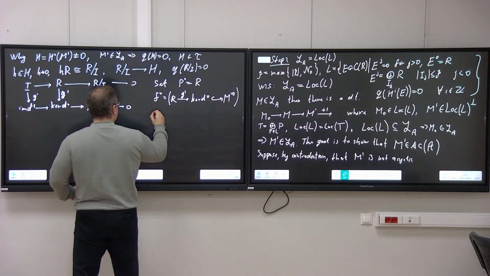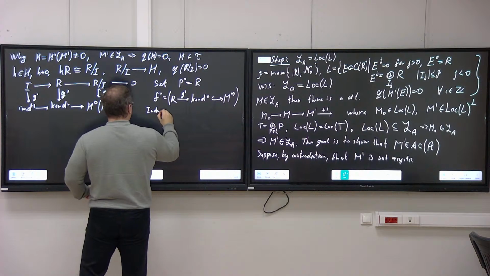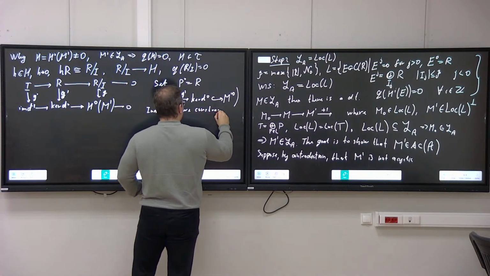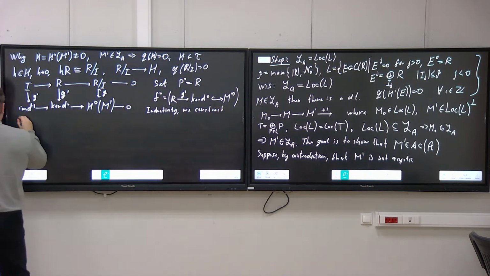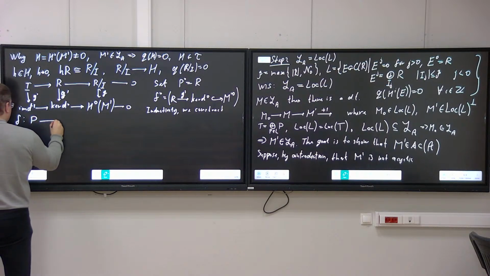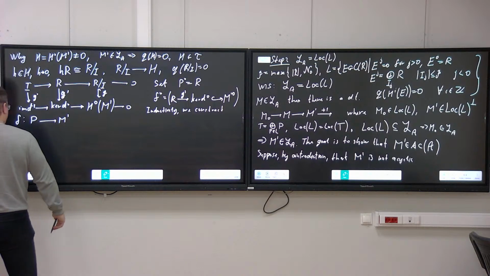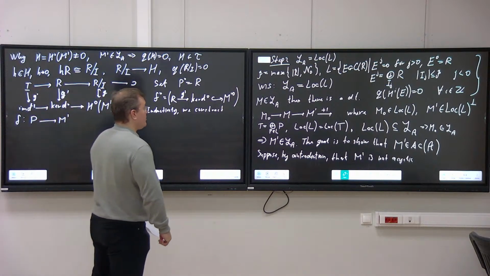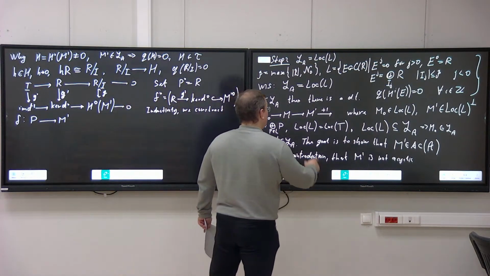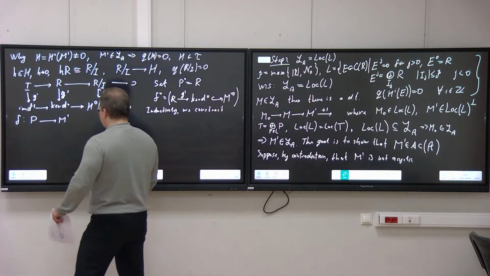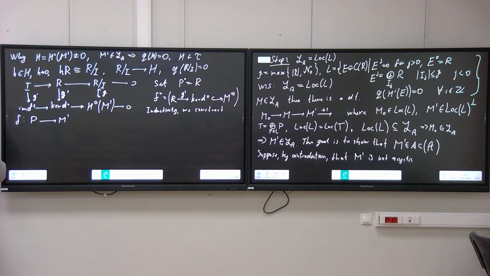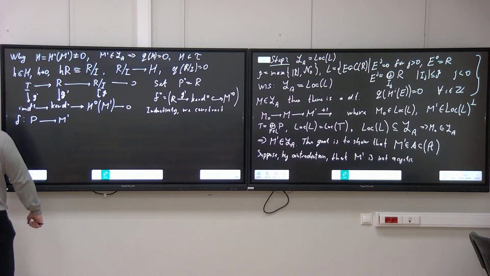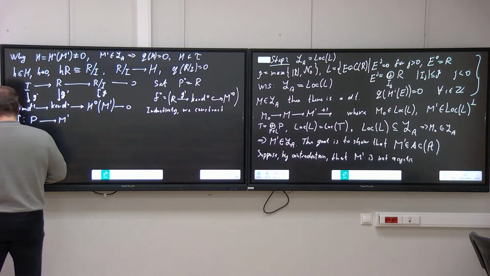So inductively, we construct the complex and the map, so we have a map from the complex P to the complex M prime. We do this by induction, and suppose we've done this for some index j, so let's do this for the index j minus 1.